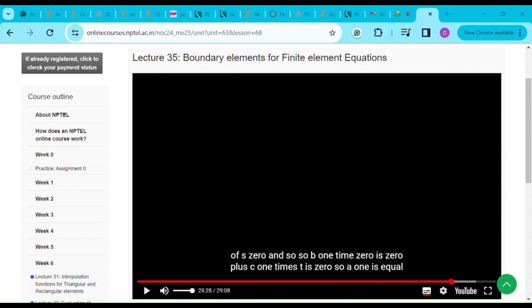Say there is a triangle, and this is the original coordinate system X and Y, and this is another coordinate system S and T. These are always lines, triangular or rectangle, so one axis is along this line.